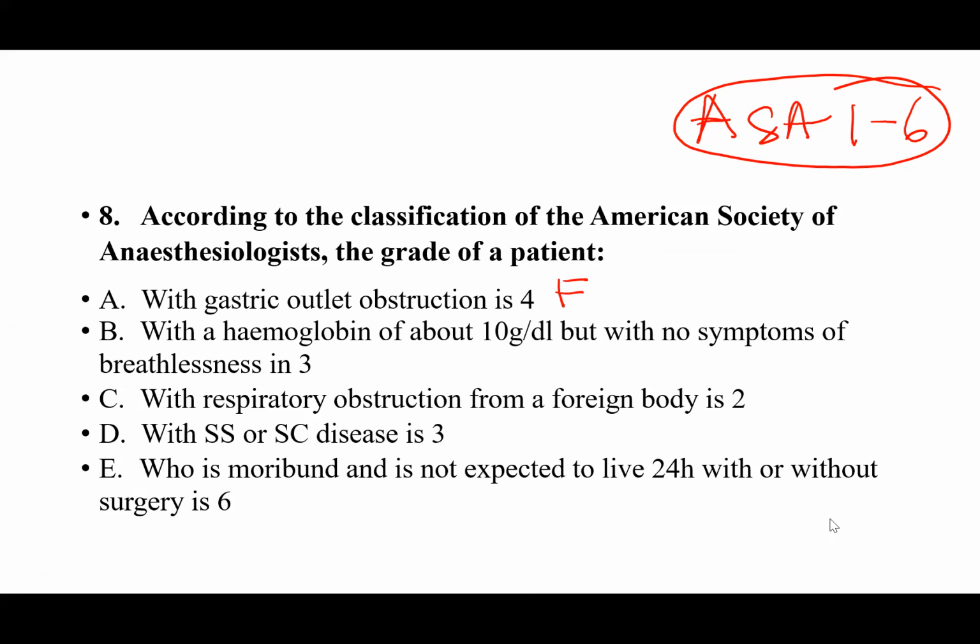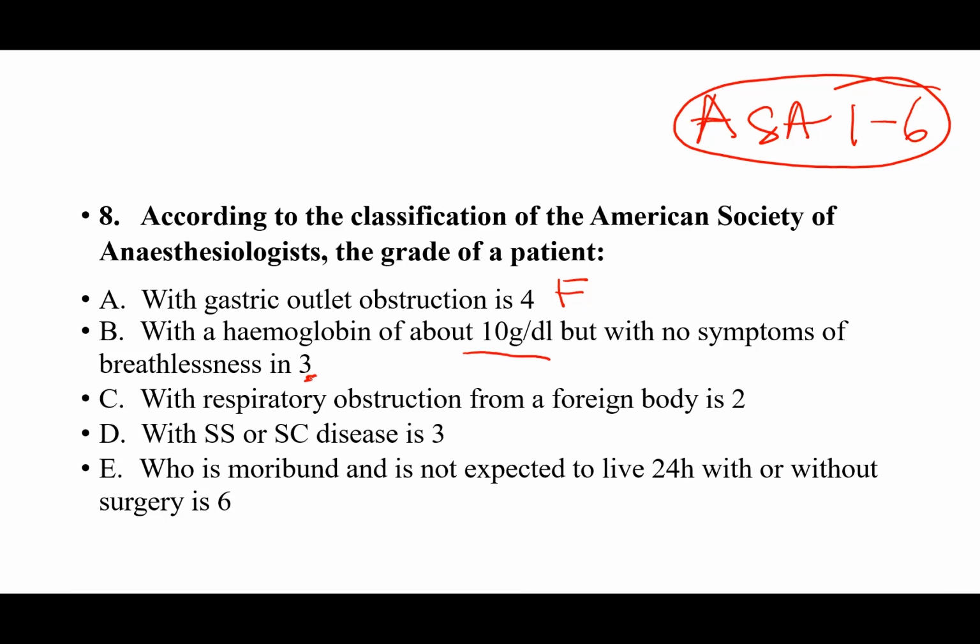Now, ASA 4, gastric outlet obstruction is not a constant threat to life. With hemoglobin of 10, with no symptoms of breathlessness, is this a severe systemic disease?